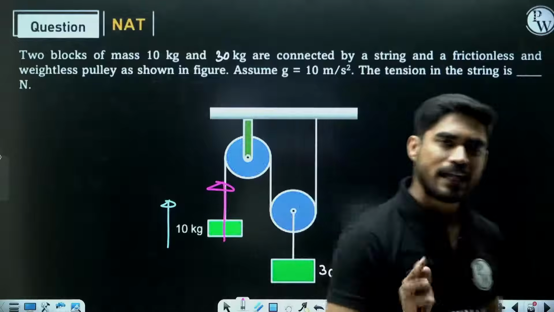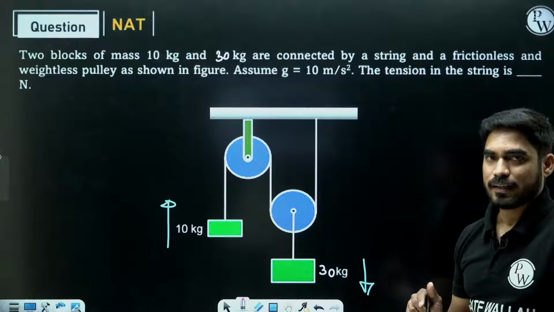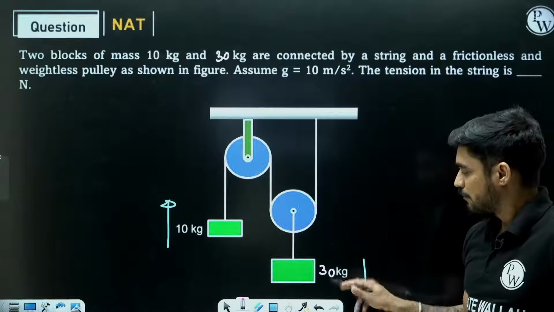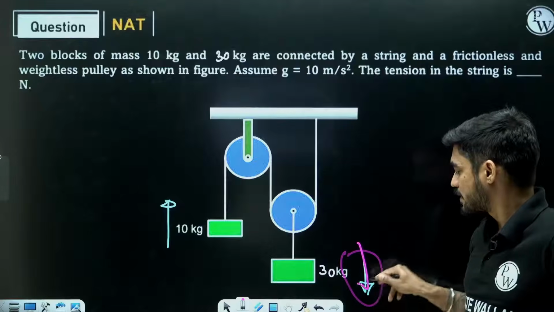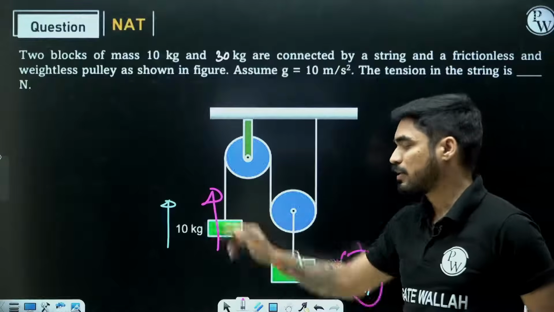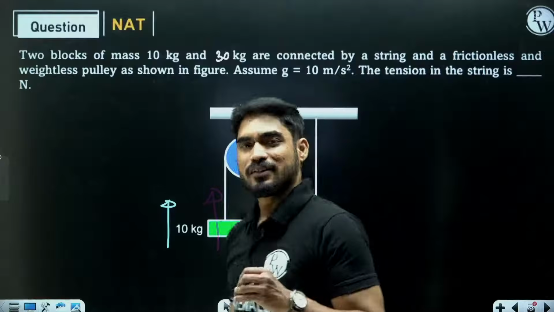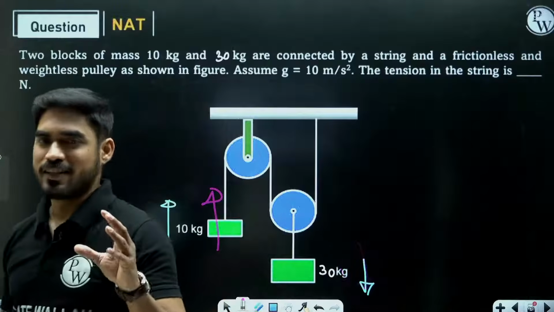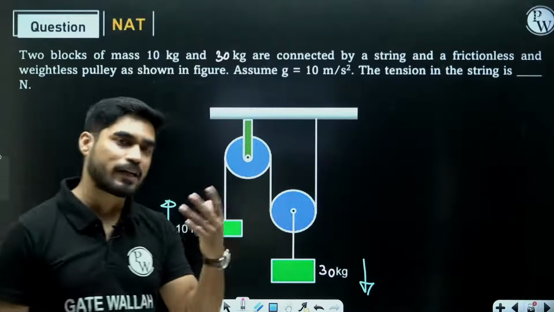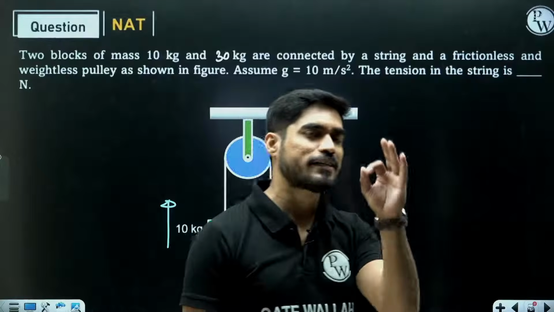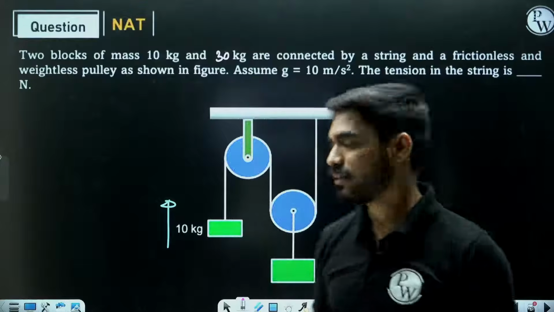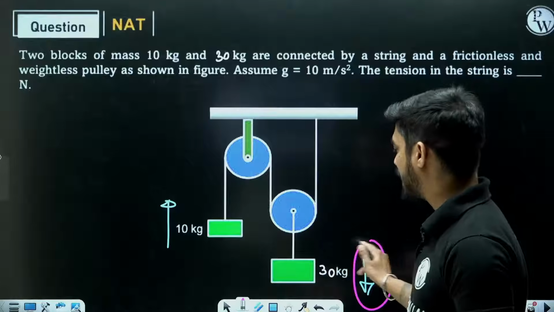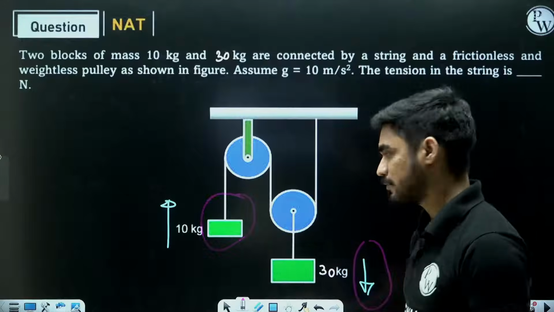If you apply a little bit of logic, you will be able to find out if I move this body by x, how much this body will move. But what happens is this imagination is not easy. A lot of people get confused. So I will give you a very simple method to find if this moves by x, how much this will move. Understand.